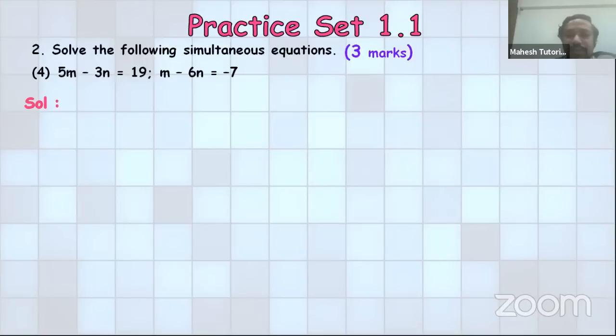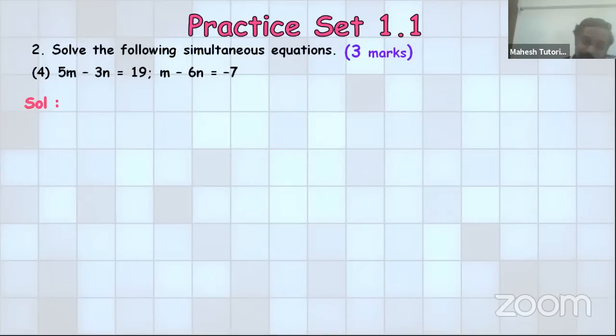What is the first step in elimination by equating the coefficients, students? Perfect. Check whether the equations are present in their basic form. Can you tell me what you mean by the basic form? Very good. Alphabet terms on the left hand side and only the number, that is the constant, on the right hand side. And if they are present in their basic form, then what do we need to do with the equation?